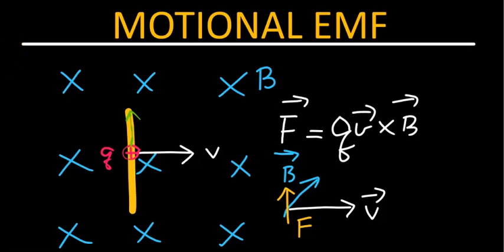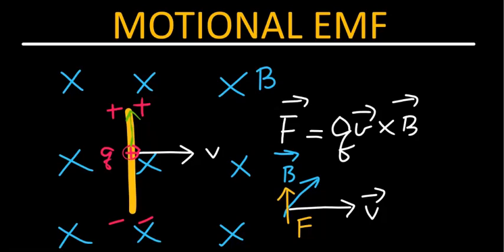With time, this magnetic force causes the free positive charges in the rod to move, creating an excess positive charge at the upper end of the rod and negative charge at the lower end of the rod.